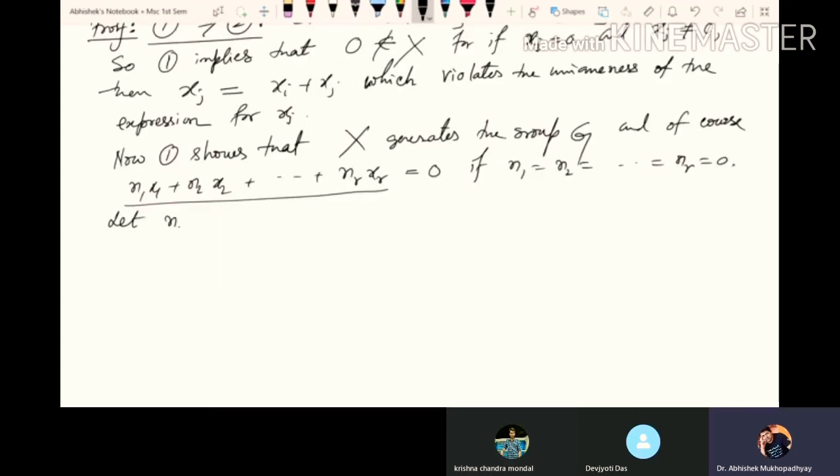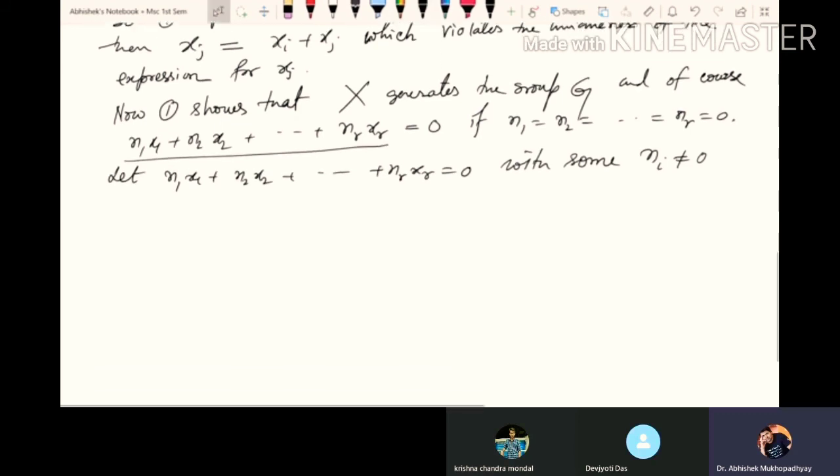That is, suppose n1 x1 plus n2 x2 plus ... plus nr xr is 0 with some ni not equal to 0. Let us suppose that some ni is non-zero. We need to show that every ni is 0, but we are considering that some ni is non-zero, so definitely it will contradict our assumptions.